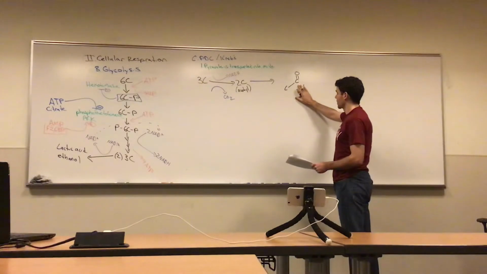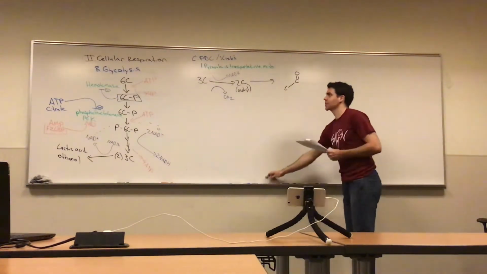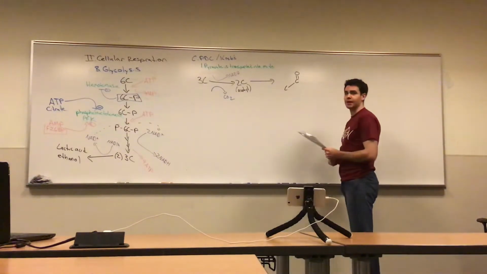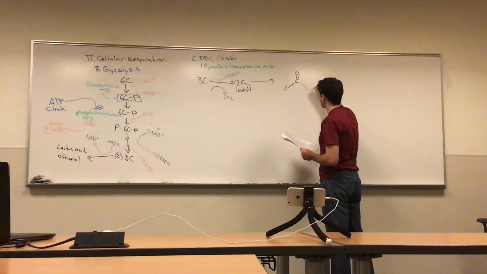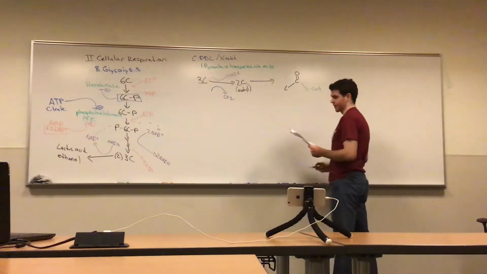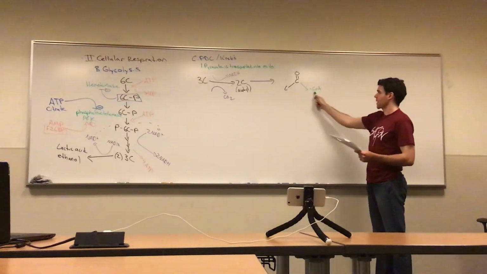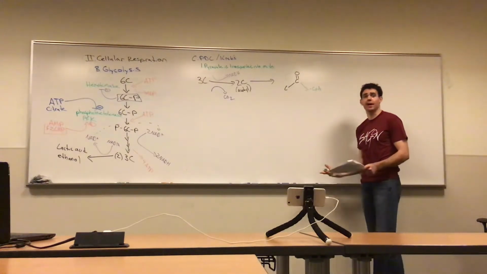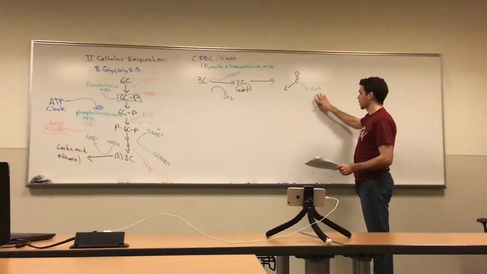This is our 2-carbon thing. Then we stick this onto another huge thing that we don't really care about, but we call it S-CoA. This is just a sulfur, and the CoA is coenzyme A. So we have this 2-carbon thing stuck onto this big CoA.